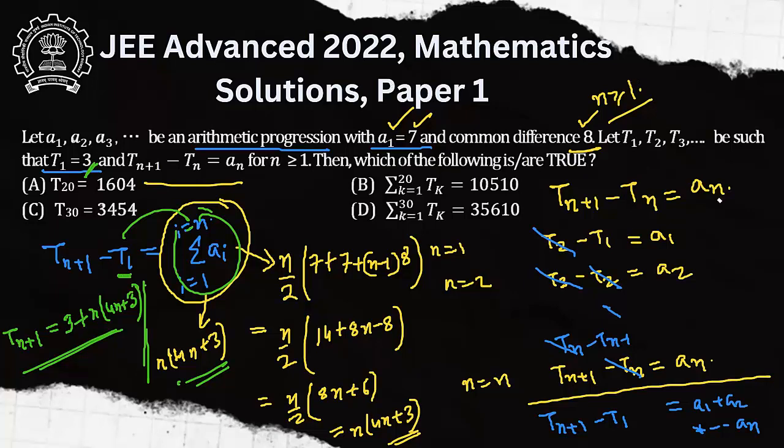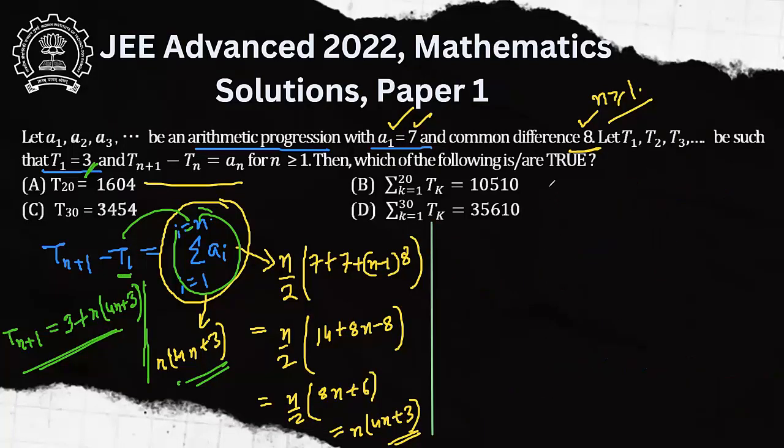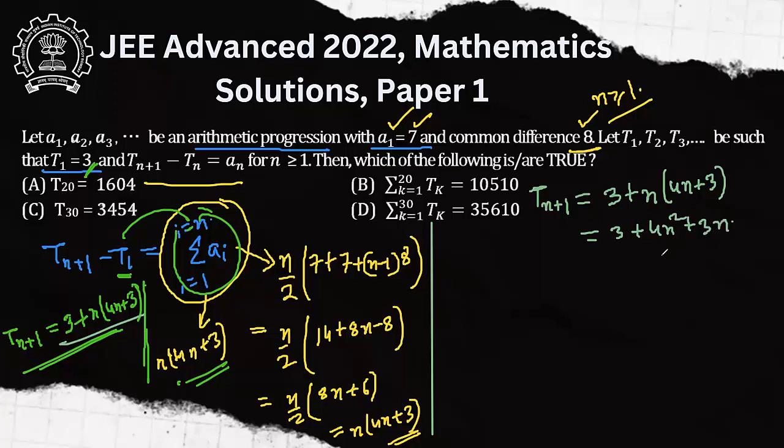Okay, right. So now I have the expression for Tn plus 1, that is coming out to be this 3 plus n times 4n plus 3, that is 3 plus 4n square plus 3n, isn't it? So term n plus 1 is 4n square plus 3n plus 3, right?